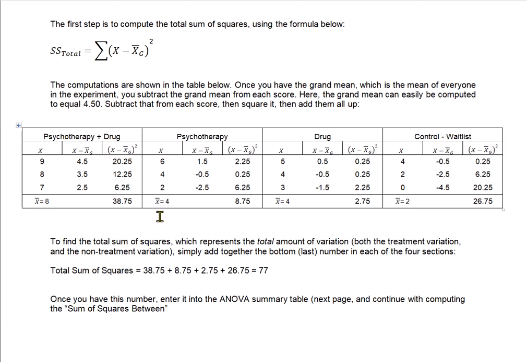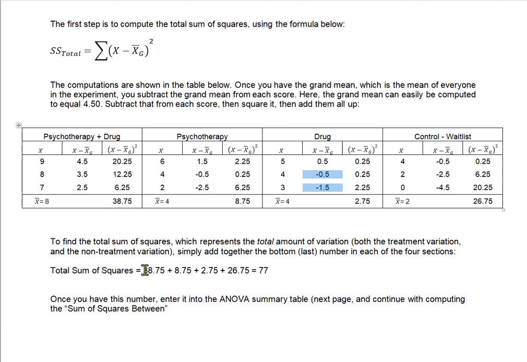The next thing is that we take the grand mean, subtract it from each score. So 9 minus 4.5 leaves us with 4.5. 8 minus 4.5 leaves us with 3.5, and so on. You then square those numbers, because some of these numbers are going to be negatives, and we don't want negatives. We square these numbers to get the sum of squares.